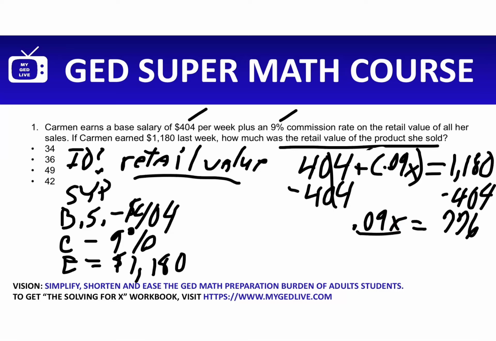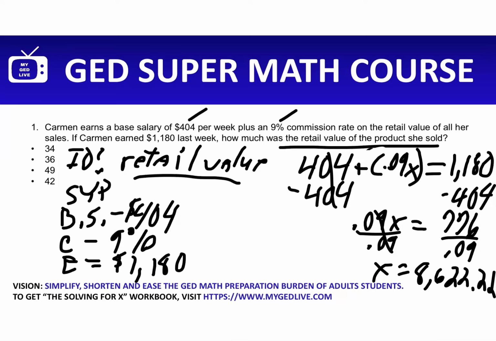We do it to each side. 0.09 and 0.09 cancel out, leaving us 1x, or just simply x. And 776 divided by 0.09 gives us 8,622.222222. We're just going to leave it as 0.22.